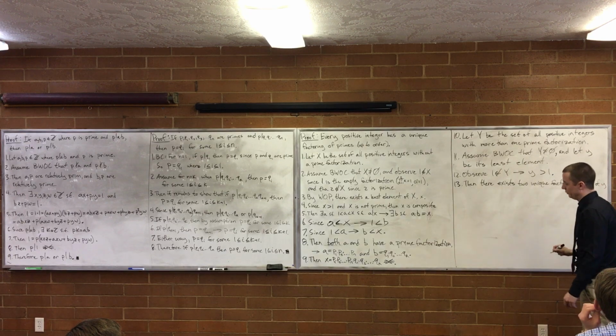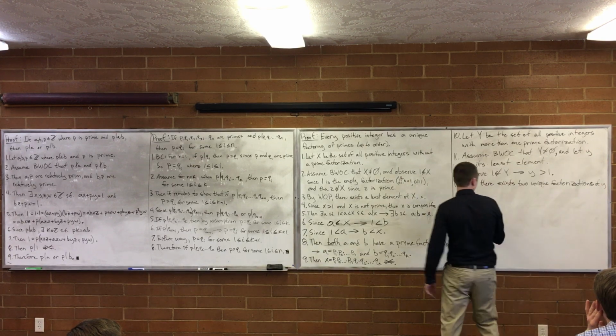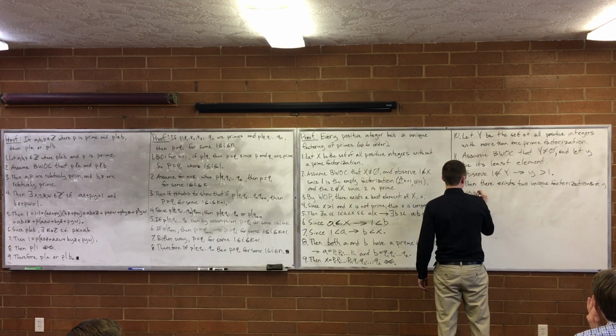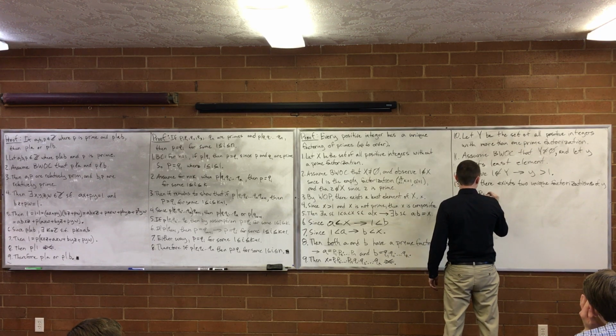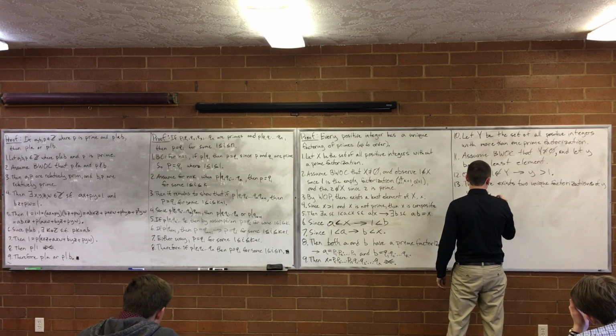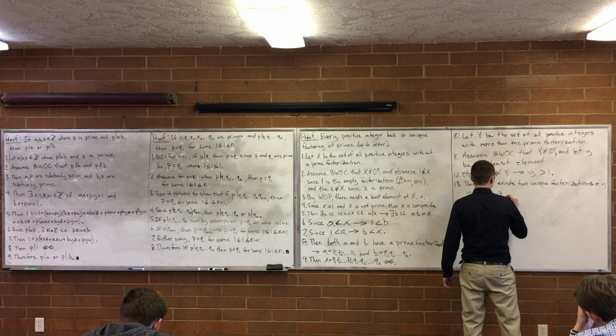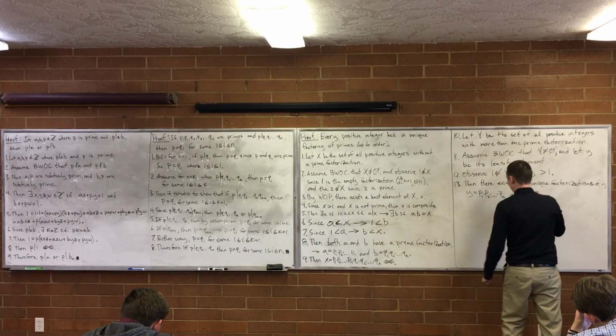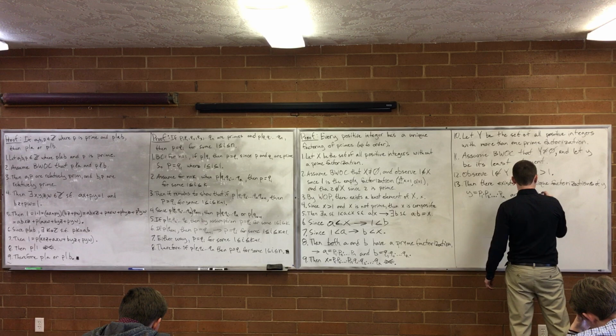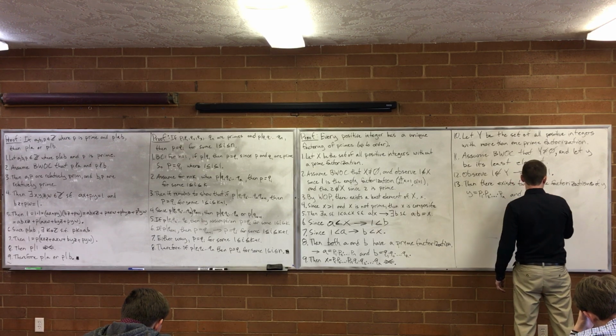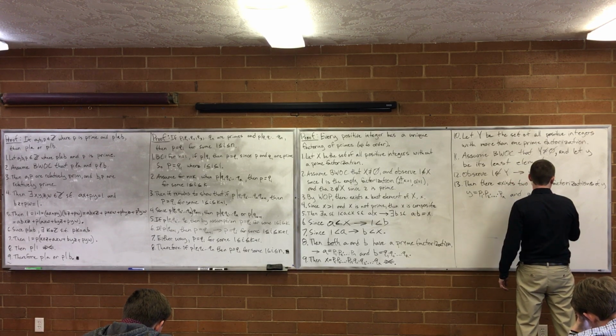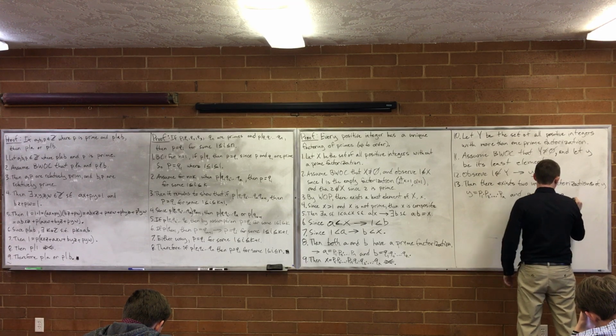I'm going to use p and q again, so don't get confused by what we have down there. y equals p1 times p2 times dot dot dot times p sub n, and y equals q1 times q2 times dot dot dot times q sub k.